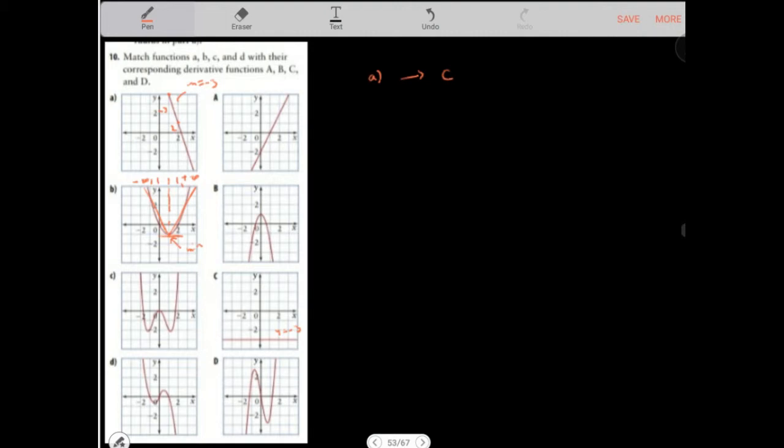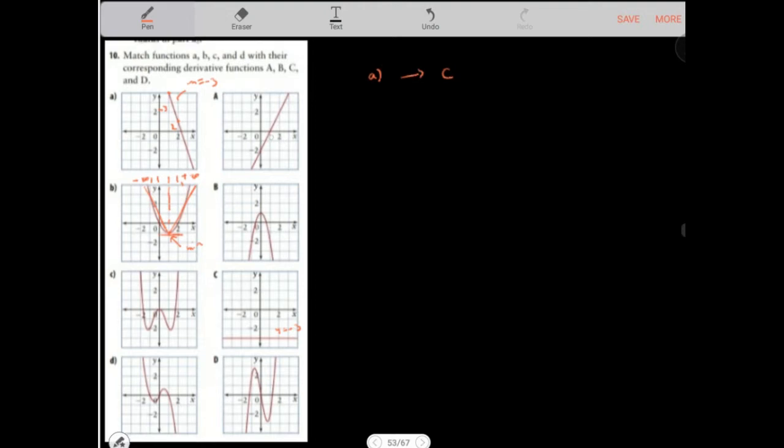So which one would satisfy that scenario? We want to find a derivative function, and the only one that would work would be graph A. As you can see here, at 1 there's 0, and from 1 to positive infinity this is positive, which is right. Remember, this is the slope function.